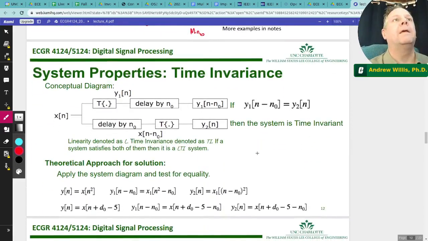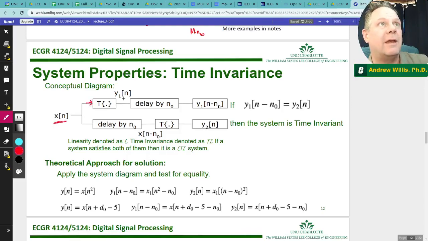Thank you. All right, so here's a conceptual diagram of how time invariance works. We take x of n and put it directly into the system, and we get y1 of n. When we get that output, we delay the output by n naught, so we get y of n minus n naught. That's our first output, y1. Now we have a second branch for x to follow.